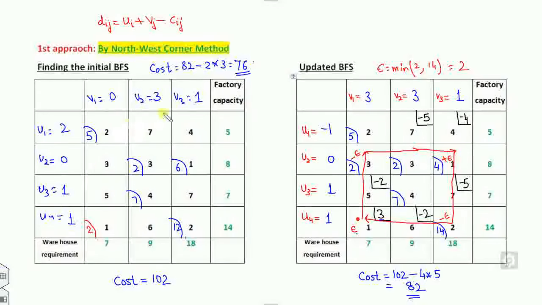Now quickly calculate the values of this, to check whether the new solution is optimal or not. So 3 plus 2 is 5, 5 minus 7 is minus 2, 2 plus 1 is 3 minus 1... 0 minus 3, this is basic, this is non-basic, this is 0 plus 1 minus 5, okay, minus 4. This is 1 plus 1 minus 7, this is minus 5, 1 plus 3 minus 2.